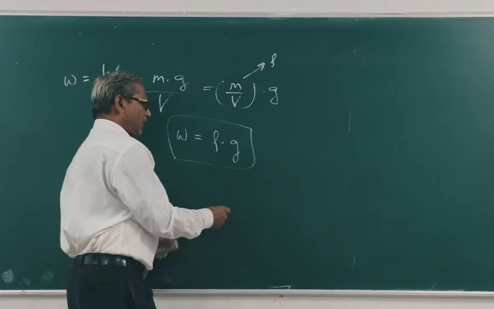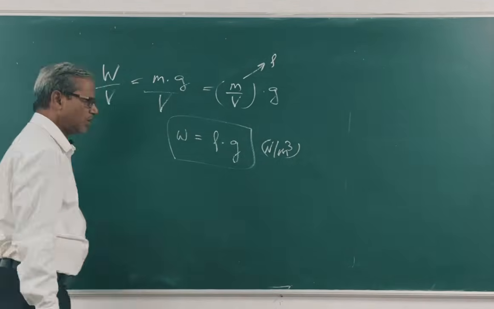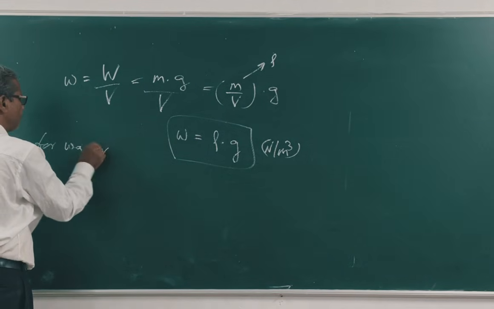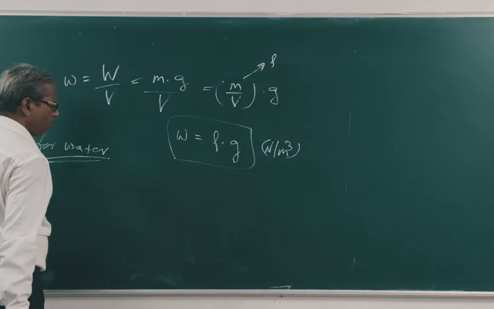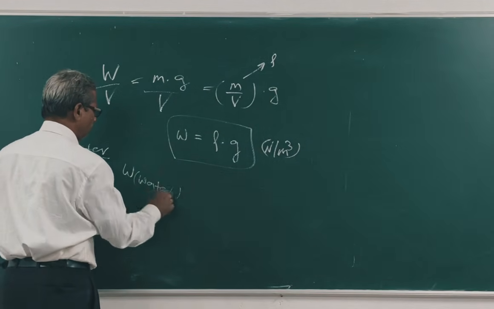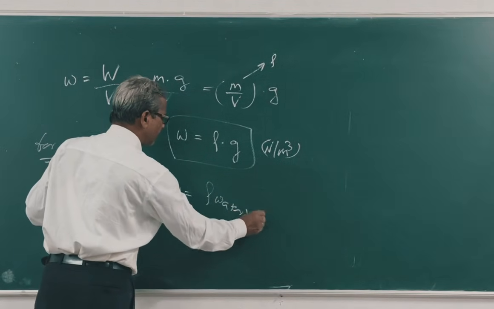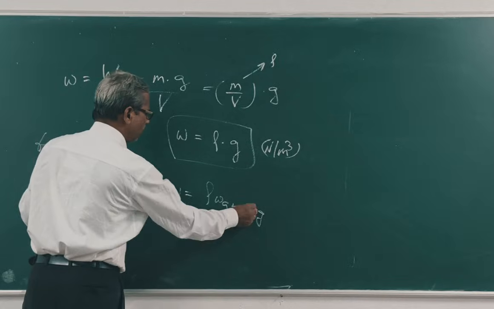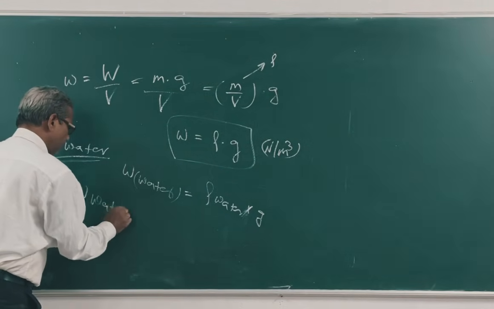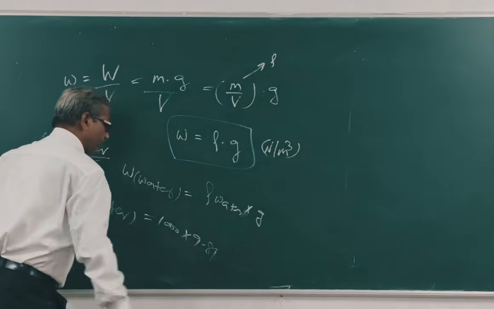This unit is also Newton per meter cube. For water, w water is equal to rho water into g. For rho water, 1000 into 9.81. Clear?